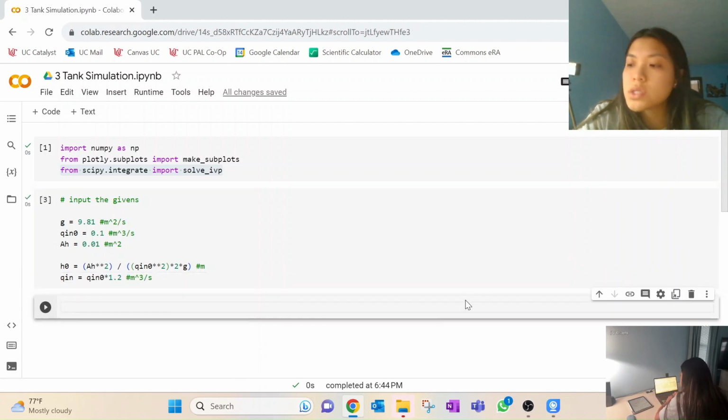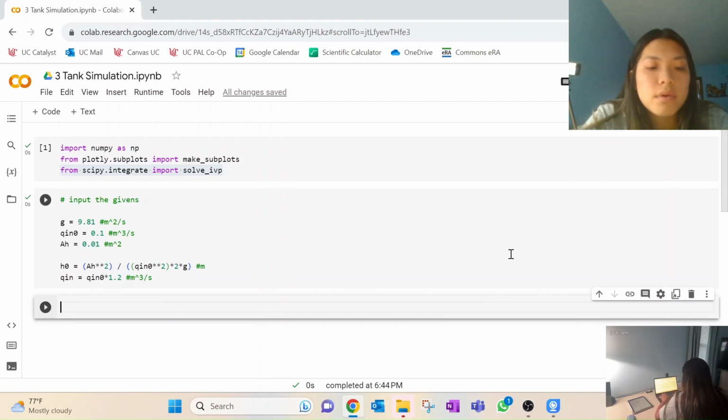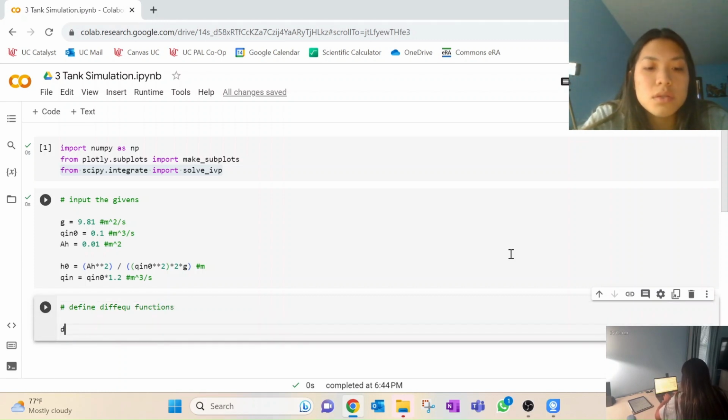Okay, so now what we can do is define the differential equations functions. So we're going to define basically first the right-hand side of the differential equations.